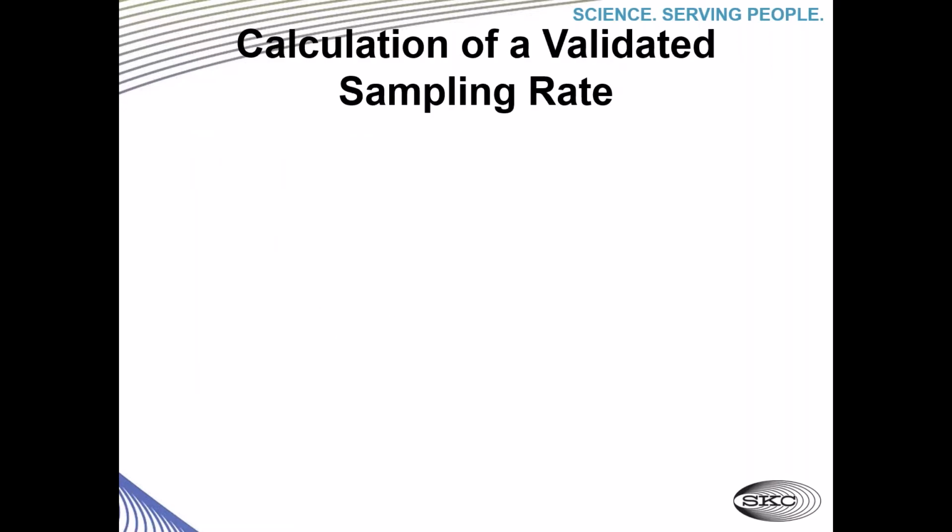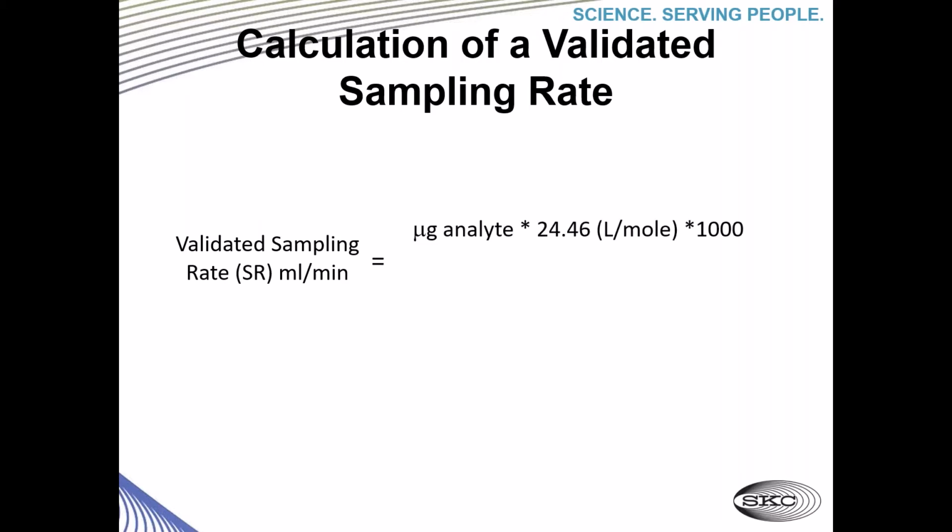Here is the calculation for a validated sampling rate. The validated sampling rate is going to be equal to the micrograms of the analyte times 24.46 liters per mole times 1,000.